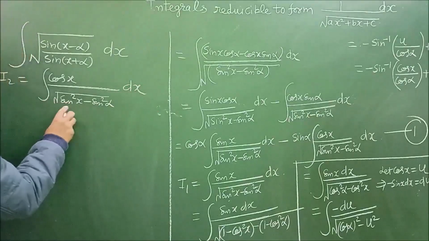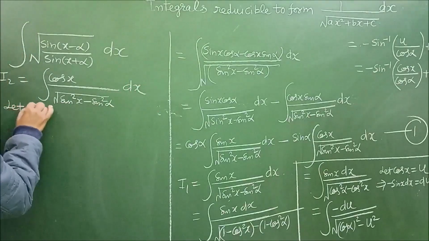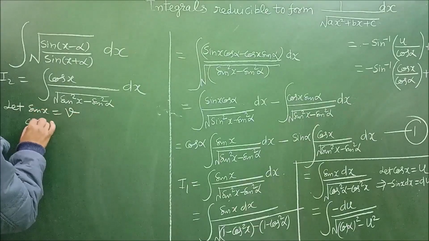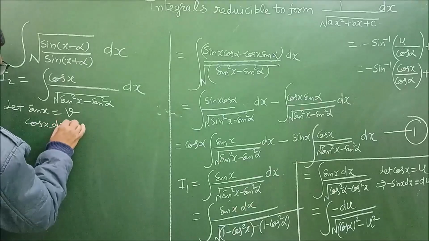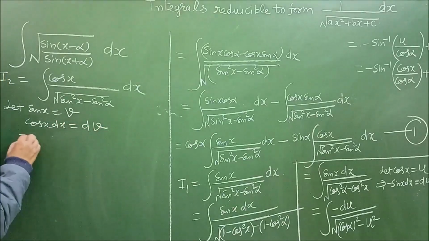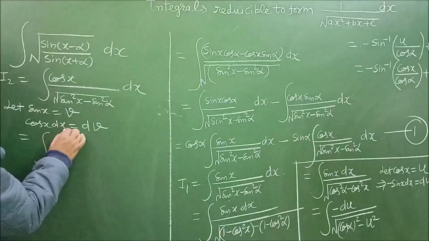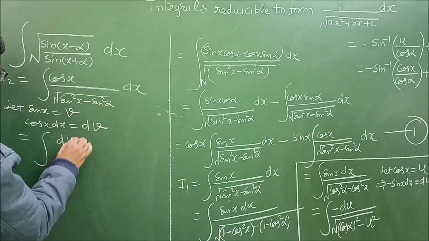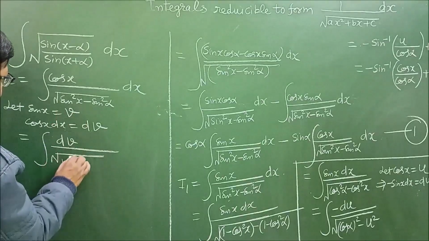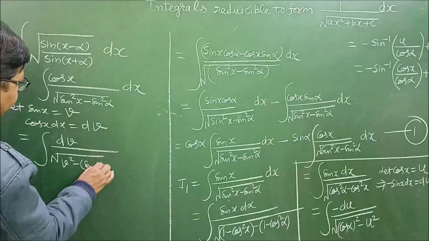So here let sin x is equal to v. On differentiating we get cos x dx is equal to dv. So this integral reduces to dv upon under root of sin square x, that is v square, minus sin square alpha.